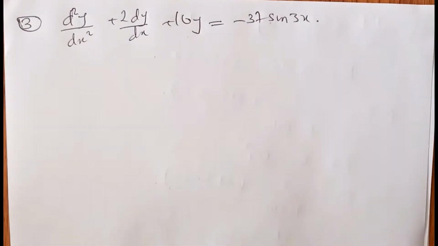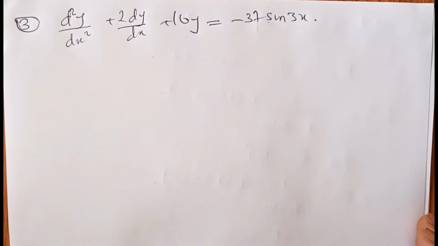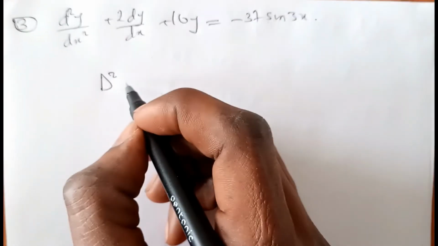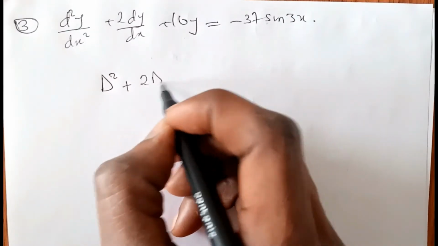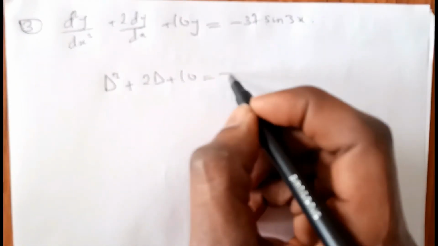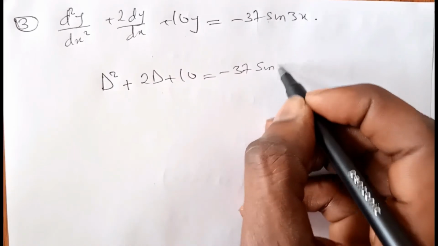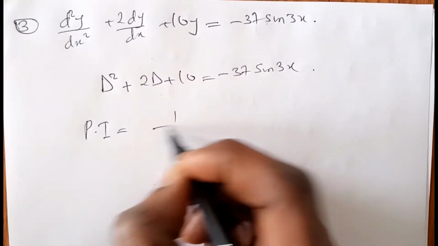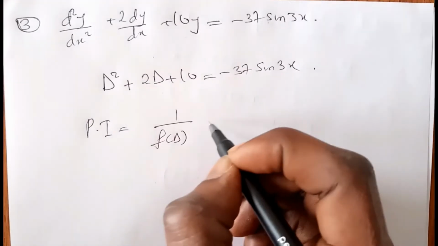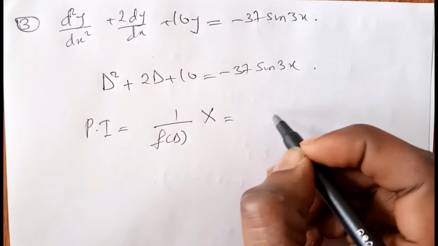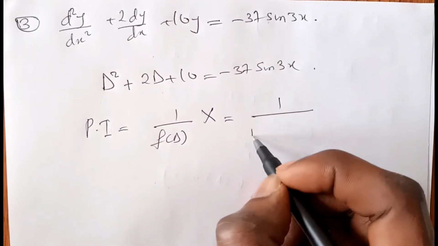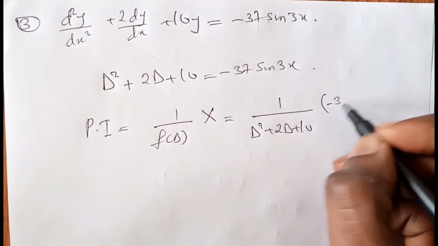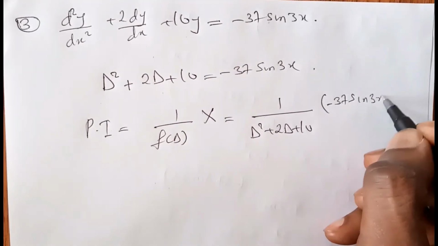So example number 3 is in terms of a trig function, and this equation can be written as D squared plus 2D plus 10 is equal to minus 37 sine 3x, and we know that the particular integral can be written as 1 all over f of D multiplied by X, and this is 1 all divided by D squared plus 2D plus 10 multiplied by minus 37 sine of 3x.